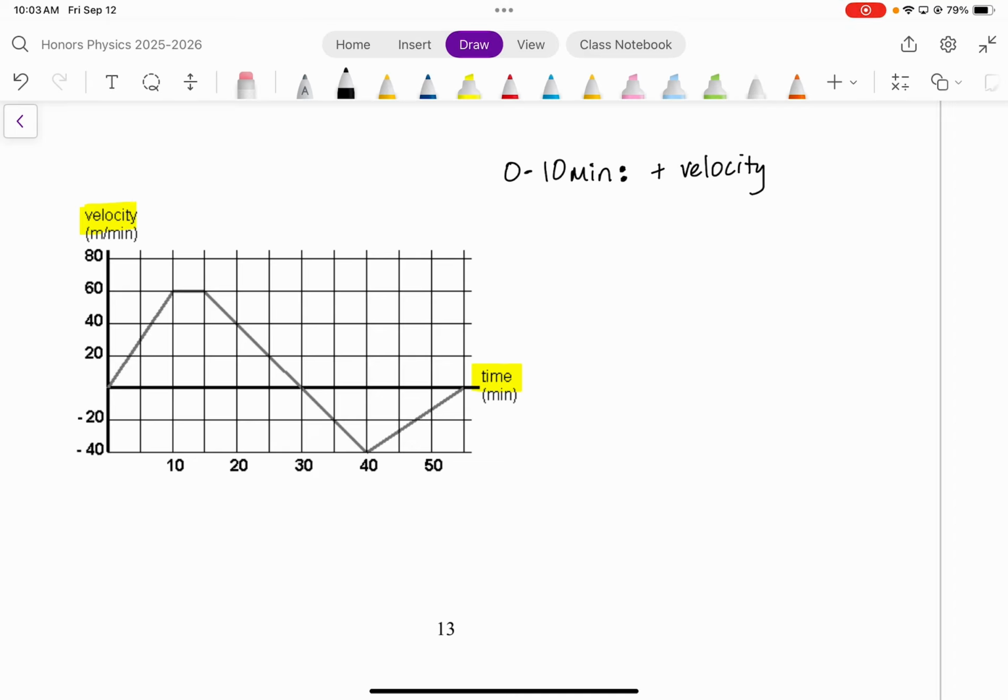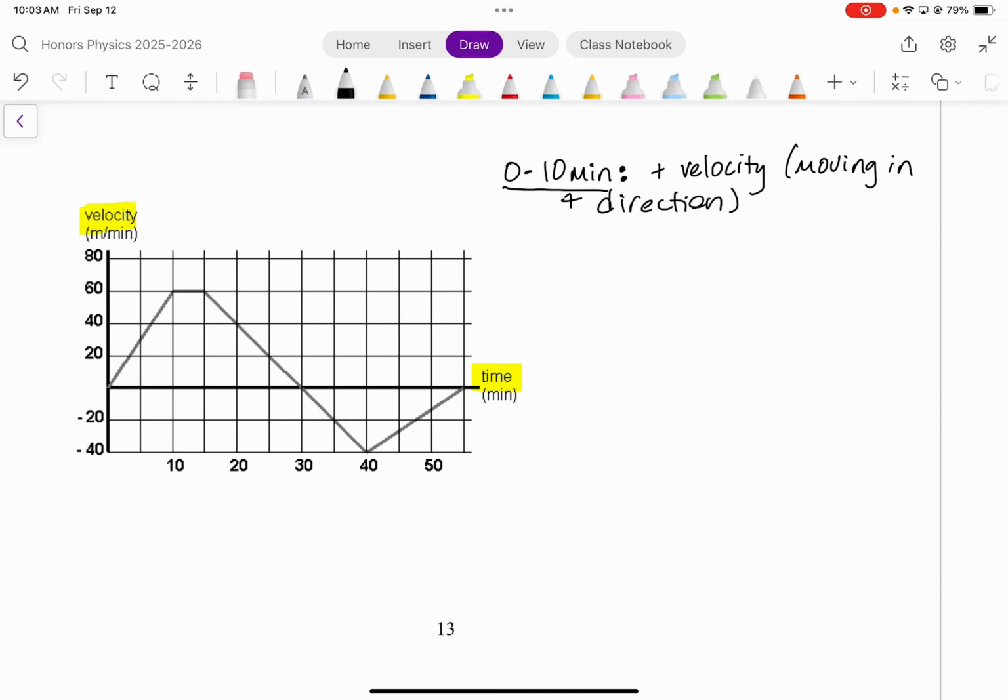Okay, let's finish this and then I'll let you go. Okay, so the fact that our velocity is positive just means it is moving in the positive direction. Now, what else can I say about its acceleration from this point? From 0 to 10 minutes, what is its acceleration?